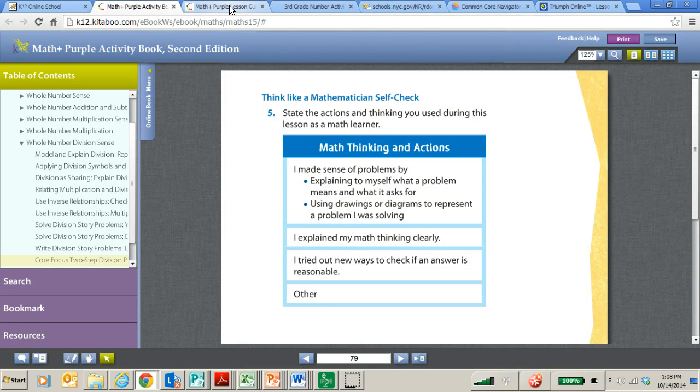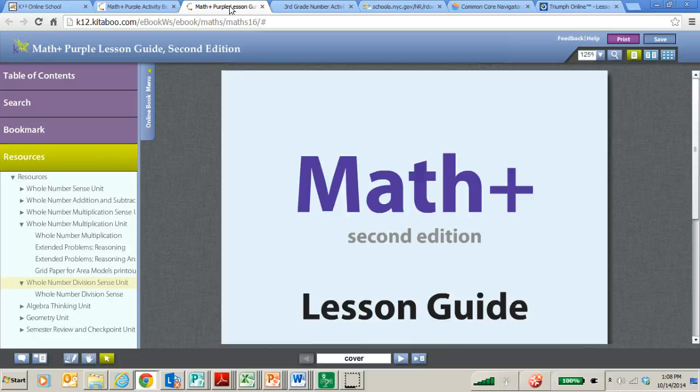Now, as you continue to go through the unit, you will get to the extended response. That unit has been skipped for you, so if it has been skipped, please don't unskip it, because that is going to be the second math portfolio for third grade. You will notice that usually, so for example, if I went to Unit 4 here in the OLS, you will see that there's extended problem solving activities that you could print, and there's the answer key.